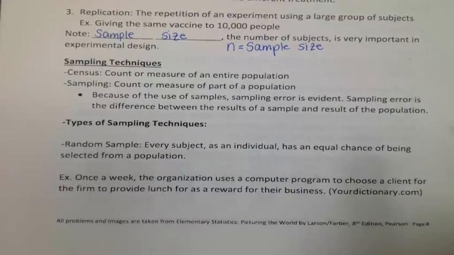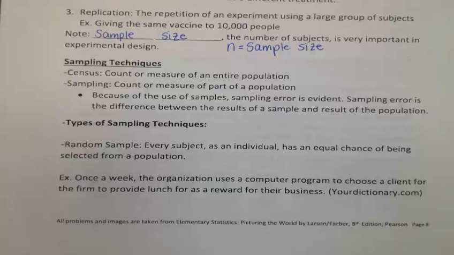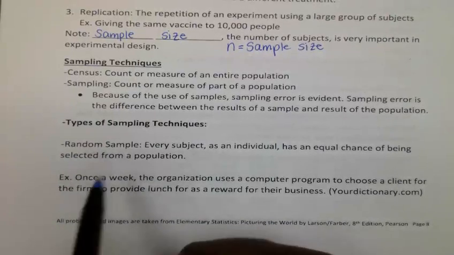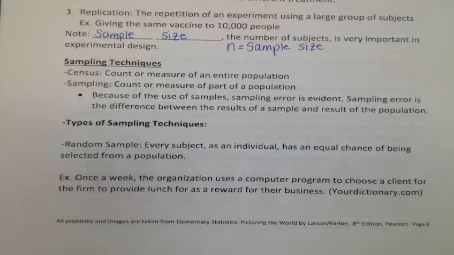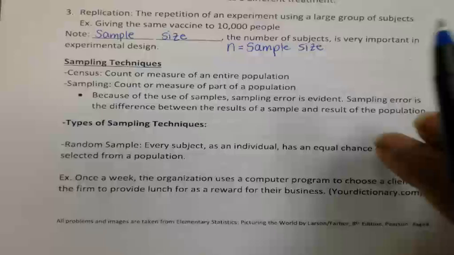That one client is chosen from a computer program, just one, and they're pulled in as an individual for that technique. Now, random sample we don't do too often, it's the lowest level of sampling techniques, so you won't see this too often. Now you're going to start seeing these other ones.